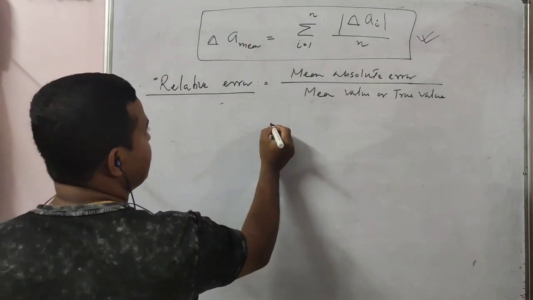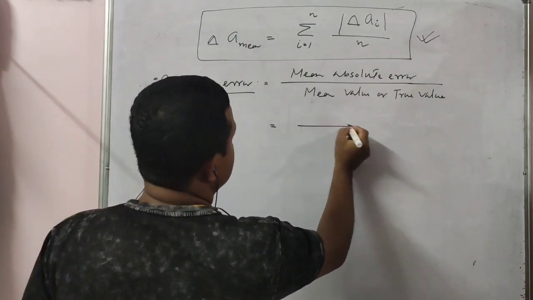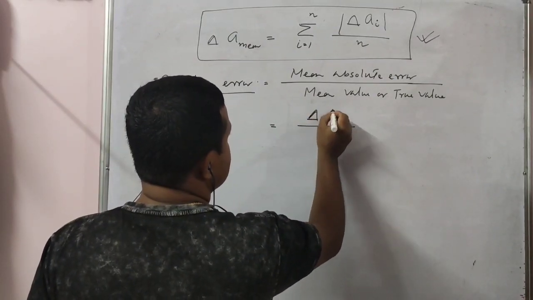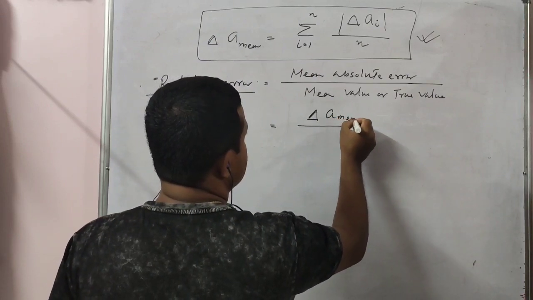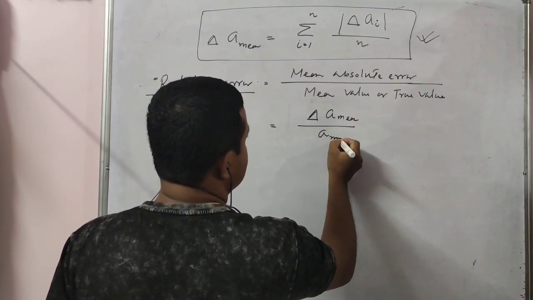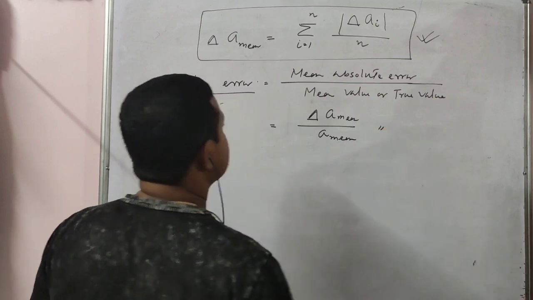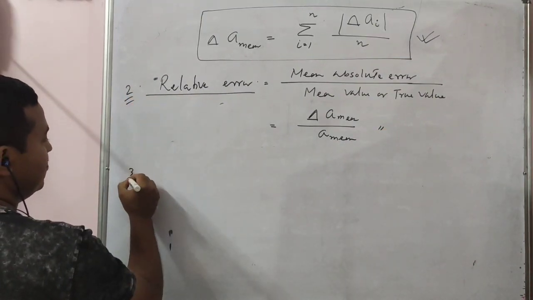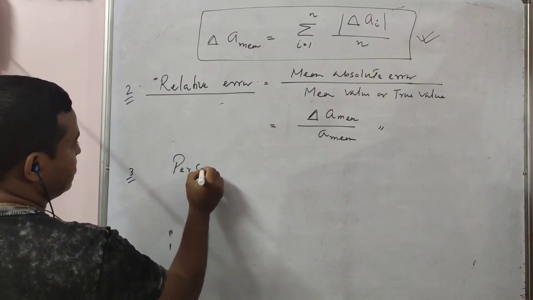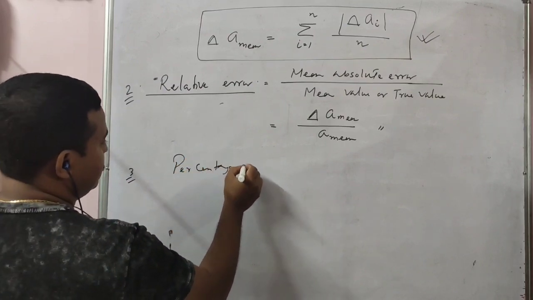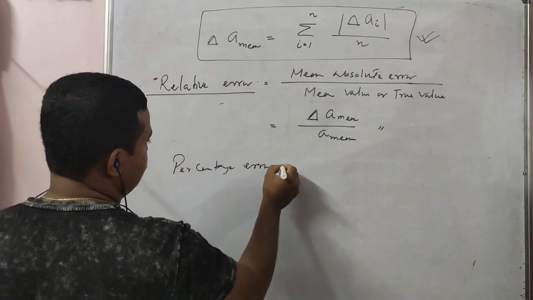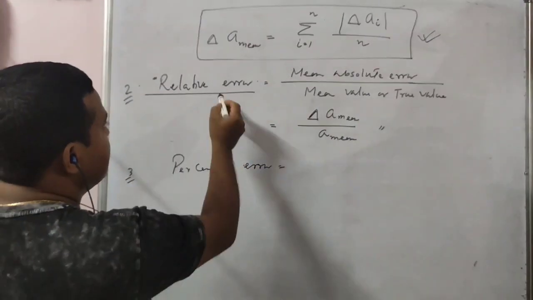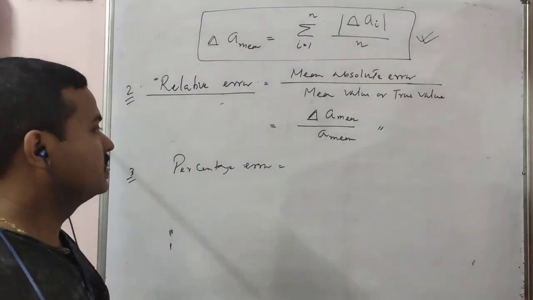So this you can write: delta A mean divided by A mean. So this is what? Relative error. And then percentage error. Percentage error means what? If we convert relative error into percentage, that is called percentage error.